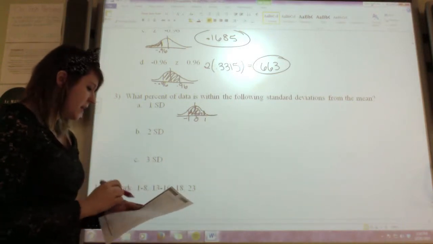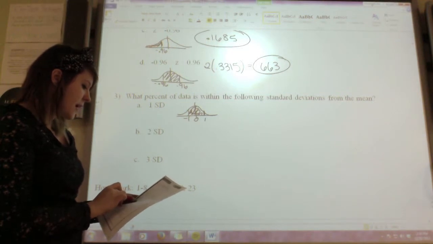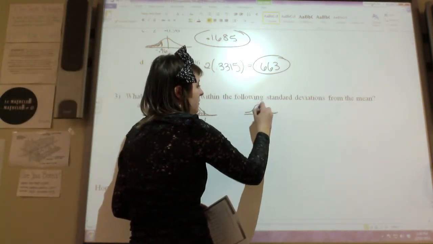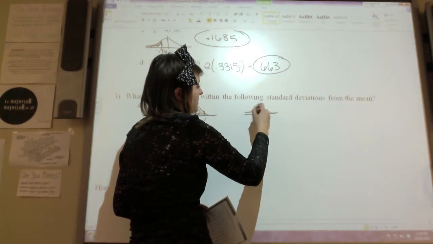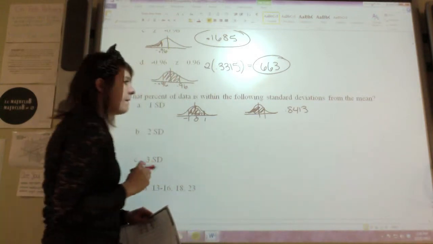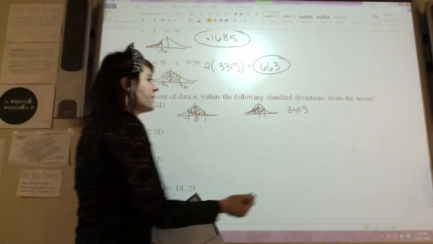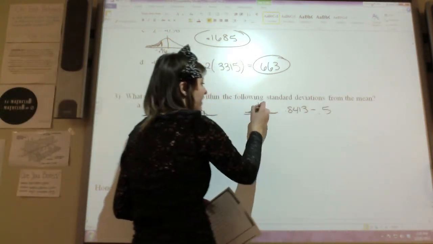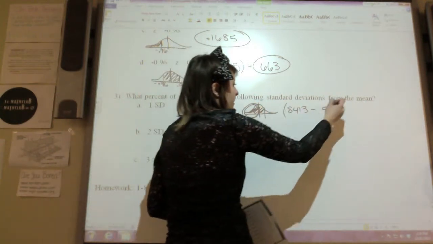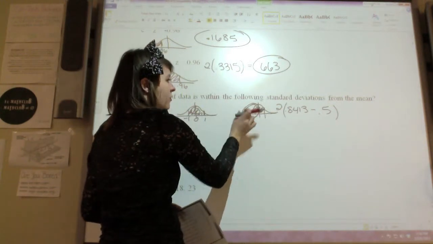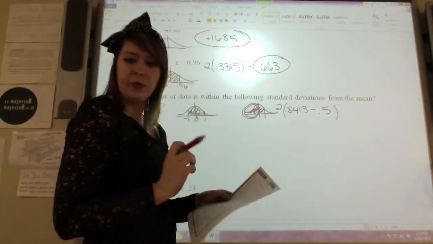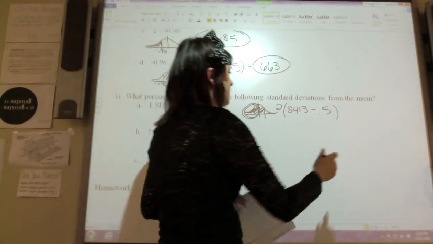Well, if I look at my table, at 1.00, I have 0.8413. So that means that this is 0.8413. Okay? So if I subtract out my 0.5, so I'm getting rid of this whole area here, and then I double it, because I want it twice, that will give me this area here, which is 0.6826.